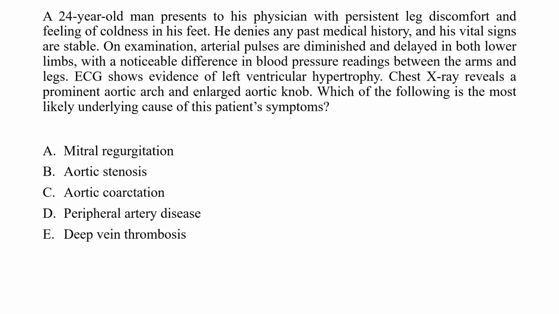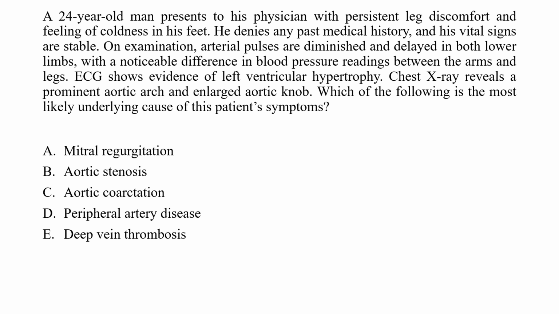A 24-year-old man presents to his physician with persistent leg discomfort and feeling of coldness in his feet. He denies any past medical history and his vital signs are stable. On examination, arterial pulses are diminished and delayed in both lower limbs with a noticeable difference in blood pressure readings between the arms and legs.